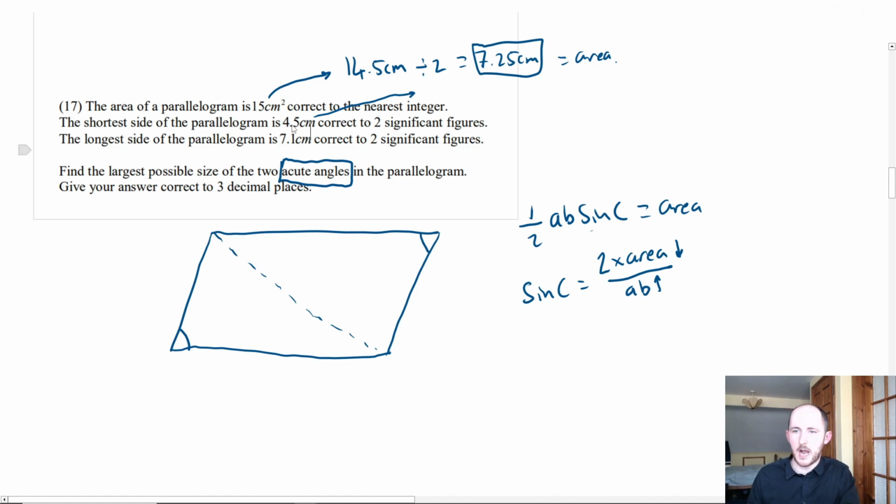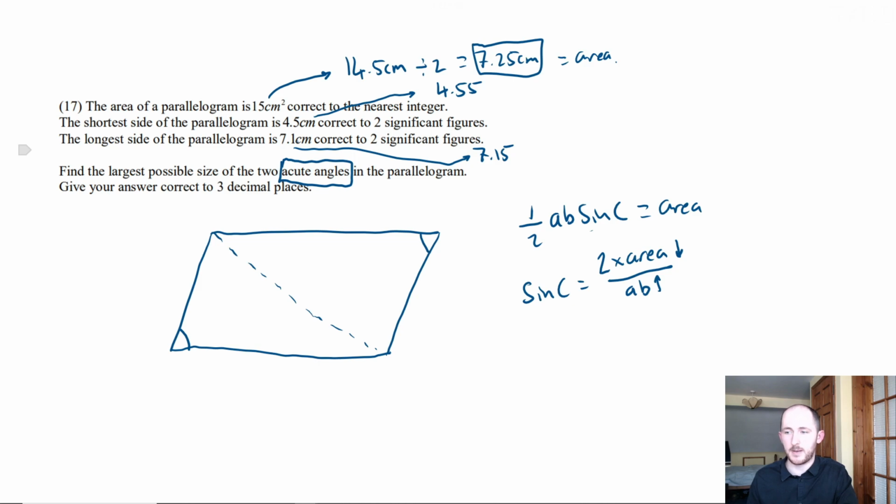Cool. So we want the upper bound of 4.5, which is 4.55. And the upper bound of 7.1, which is 7.15. That's the exact same thing.